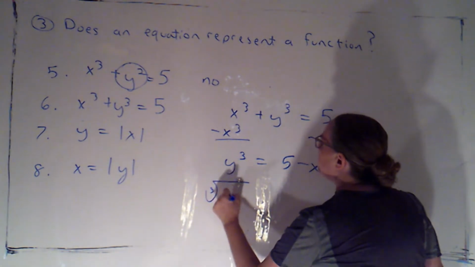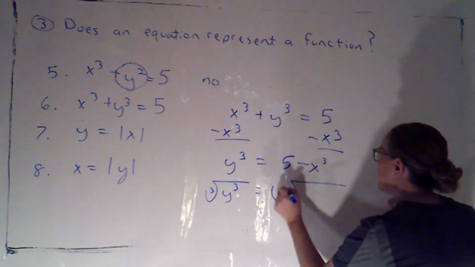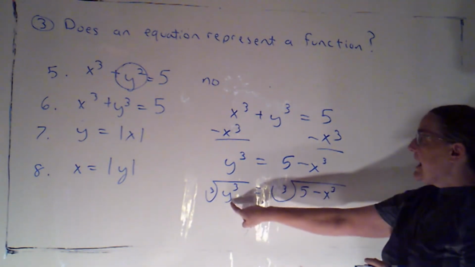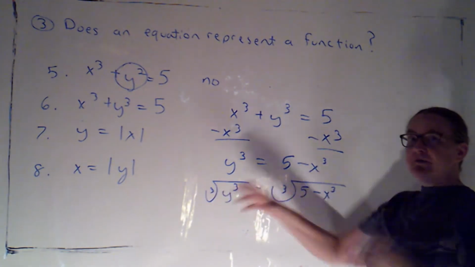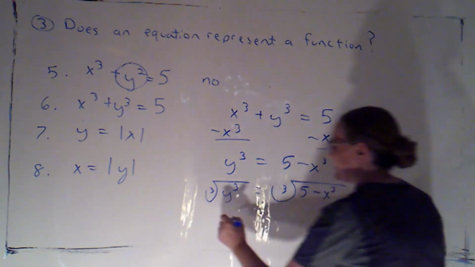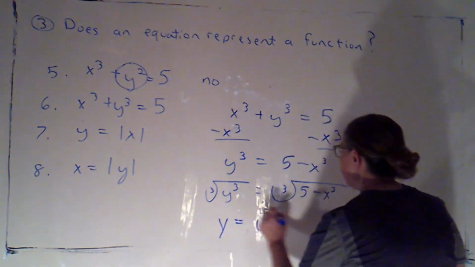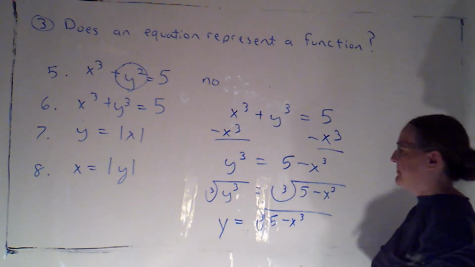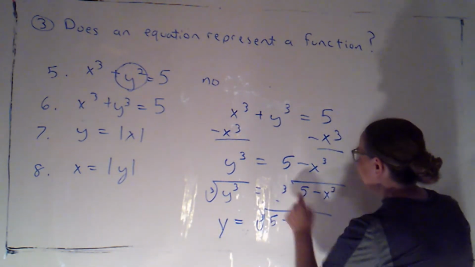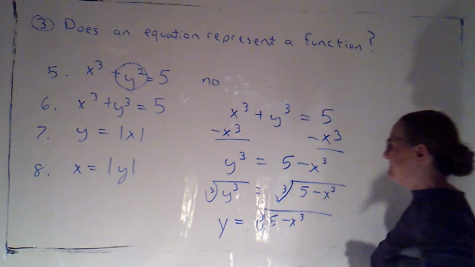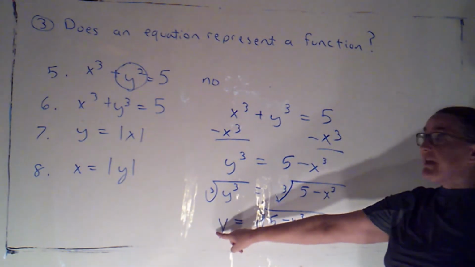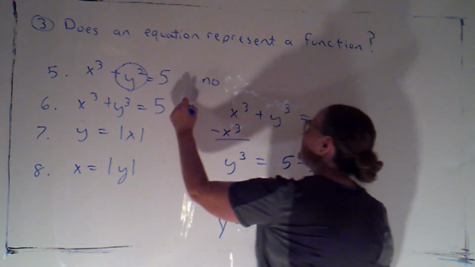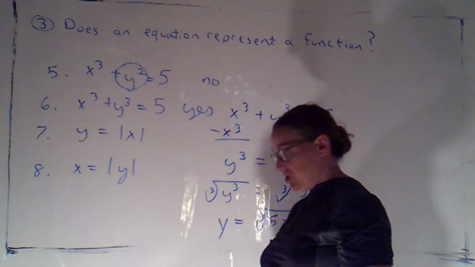Cube root of y cubed is the cube root of 5 minus x cubed. Odd powers and odd roots undo each other perfectly. So this is just y equaling the cube root of 5 minus x cubed. There we go. Okay, so I am able to get y by itself equals some formula involving x. So yes, this is a function.